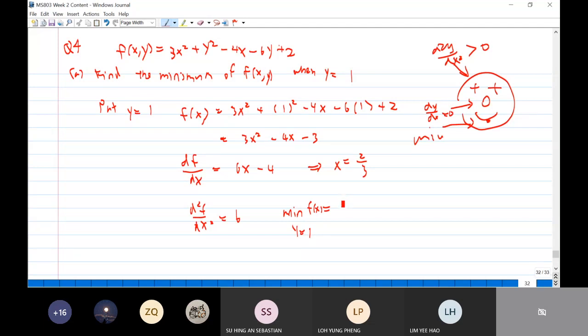So you get 3 times 2/3 squared, minus 4 times 2/3, minus 3. So I hope the answer is correct. This is question 4. So based on this, question 4 is minus 13/3.